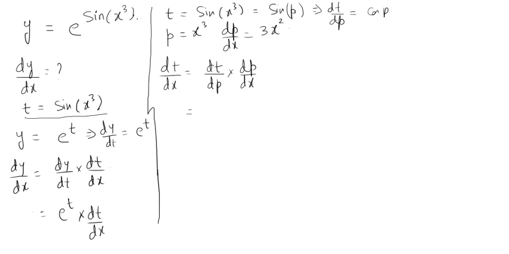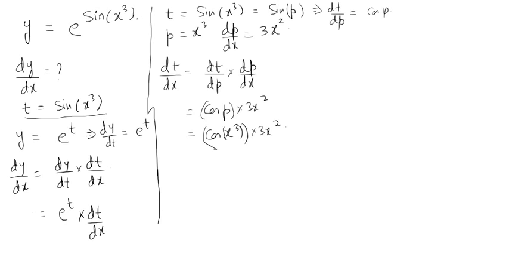So it is cos of p, and then dp by dx is 3x square. Now I will replace the value of p here. p is x cube, so it is cos of x cube into 3x square.